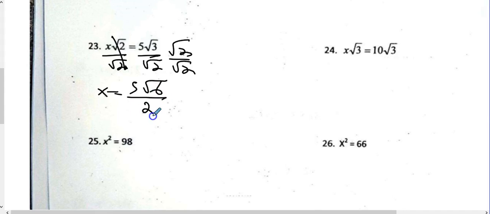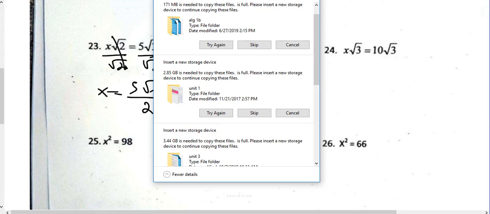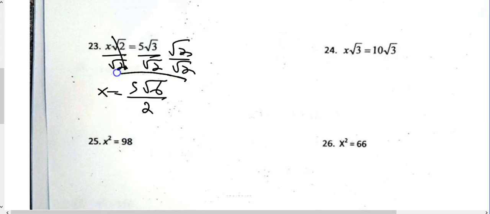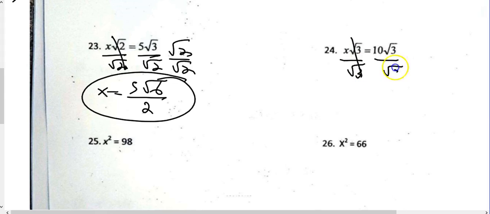Now on the bottom, we're just left with a 2. 2, wow. You don't want that. 2 and 5 do not cancel, so there we have it. All right. 24 is an easy one because everything's going to cancel. We divide by radical 3, get rid of that. But on this side, guess what? Boom. That's it.